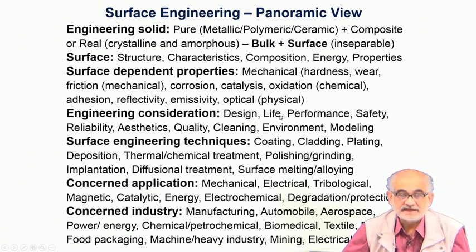In order to predict the life, we have to worry about the surface condition and interaction of the surface, the overall performance, the safety and reliability issues of any engineering component, particularly under mechanical activation, but even under very high applied voltage or various kinds of activation, we need to understand the safety and reliability and efficiency of performance.